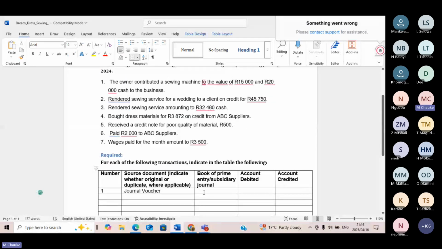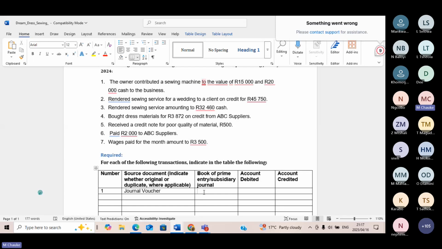We've got books of prime entry, or subsidiary journals, that are 6 plus the general journal. In these 6, number 1, we've got the cash receipt journal, which is CRJ. We've got the cash payment journal, which is CPJ.